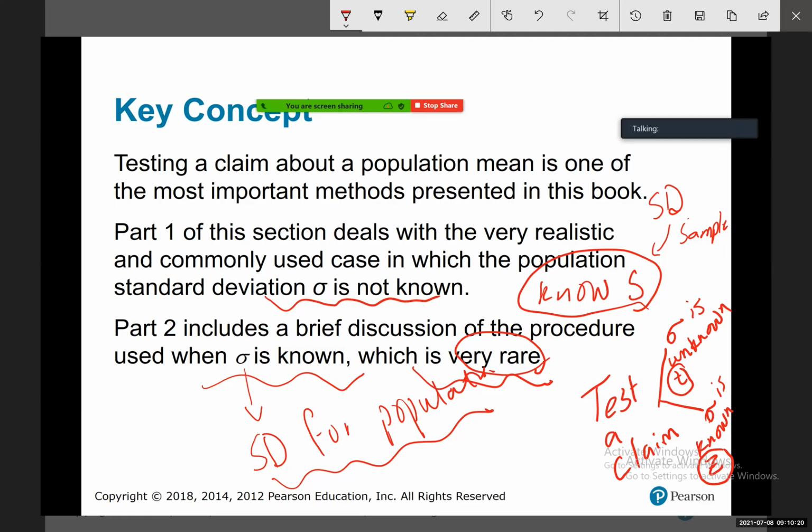I would say the test statistic involves t when sigma is unknown, every time, and when sigma is known, z. Please make a note of the things that I wrote here. Let's move on.